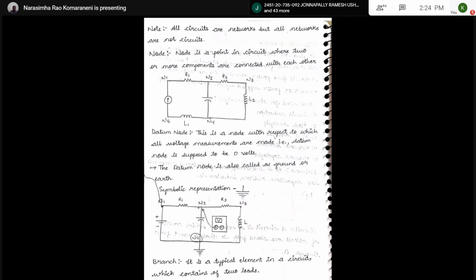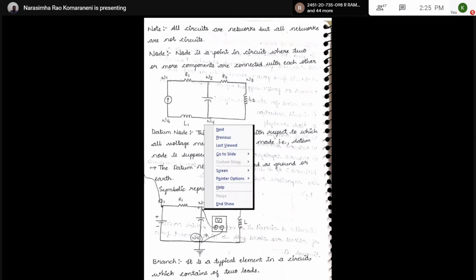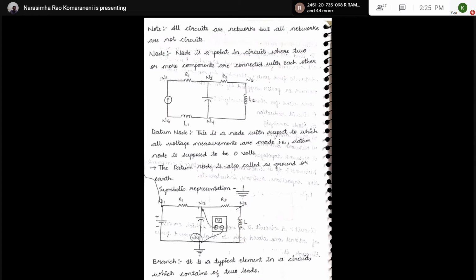So for example, if you want to measure the voltage across this inductor, how will you measure it? With the help of a voltmeter, right? The voltmeter has 2 terminals, one positive terminal and one negative terminal. We'll keep the negative terminal here and the positive terminal here, so that you get the voltage across this network element, component.